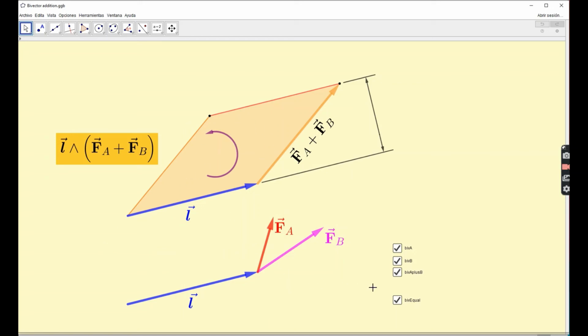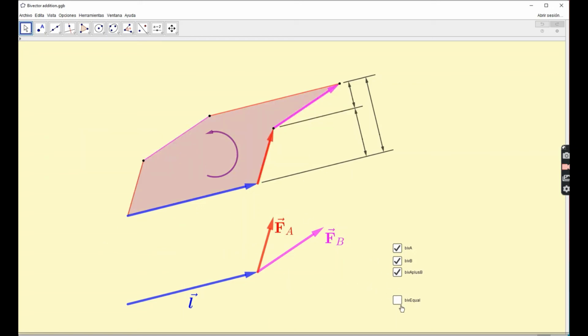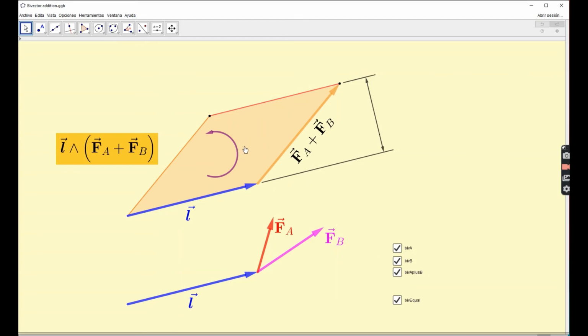They have the same area and the same sense of rotation. So we should note here, and this again is something we mentioned, it was through an examination of the physical properties of torques that we identified some of the mathematical properties that bivectors must have in order to be useful for representing torques.